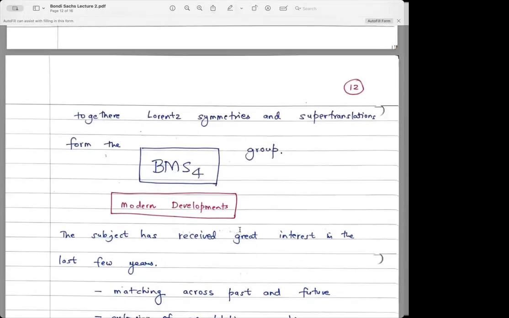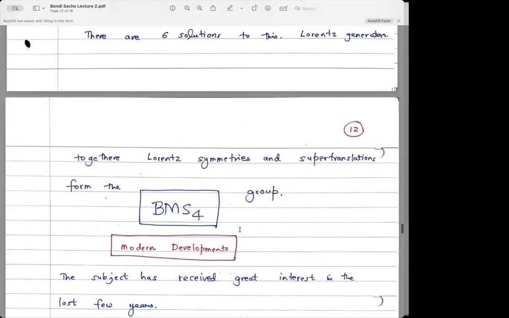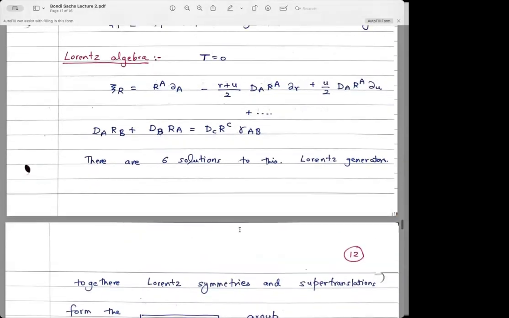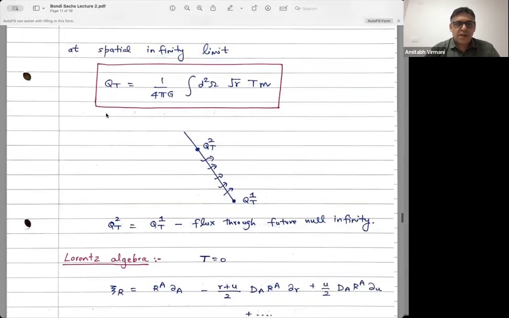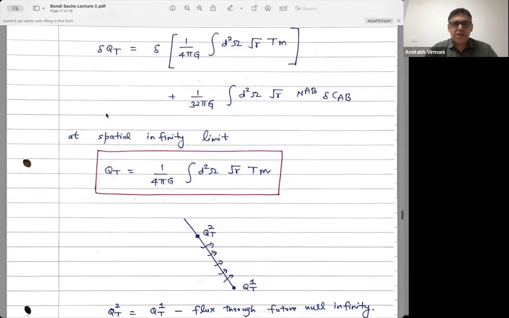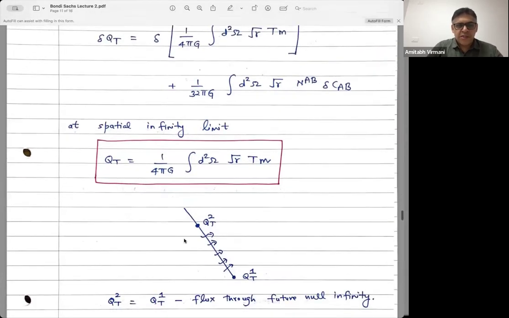Would you be able to tell something about the conservation of these charges, I mean the supertranslation charge? Conservation for supertranslation charges is not surprising. The supertranslation charges at spatial infinity are completely integrable, and you can write down an expression for Q of t, which is just t times m.